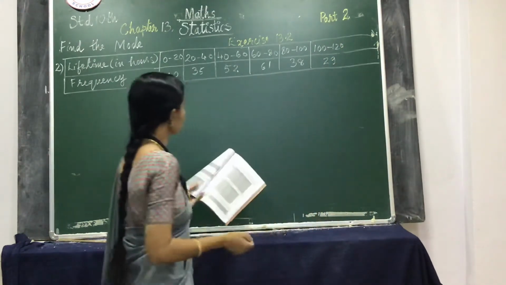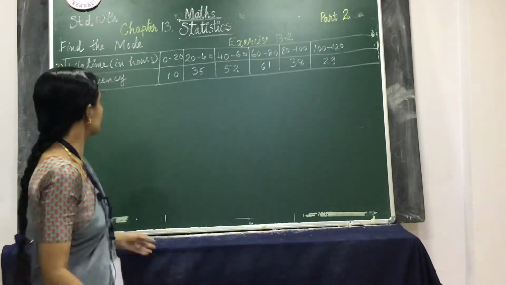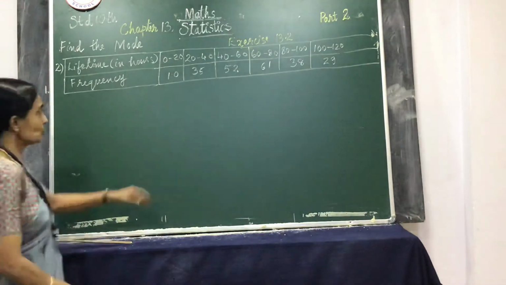Now here we have the lifetime of the electrical appliances in hours, that is 0 to 20 hours.